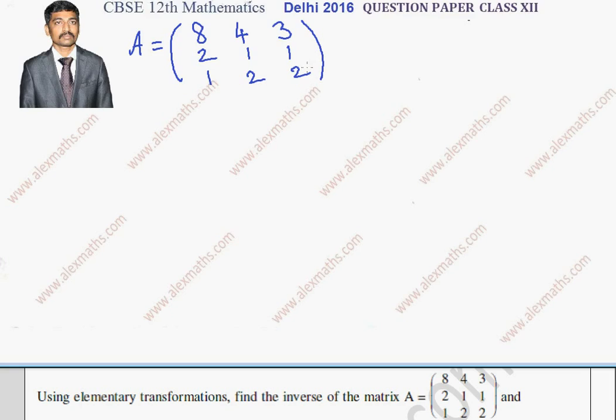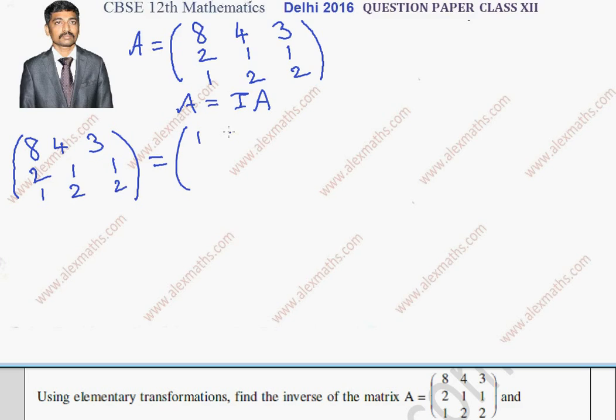Okay. So first we will do the elementary transformation. For that I have to write A equal to IA. So we'll copy A, which is 8, 4, 3, 2, 1, 1, 1, 2, 2, equal to the identity matrix 1, 0, 0, 0, 1, 0, 0, 0, 1 into A.